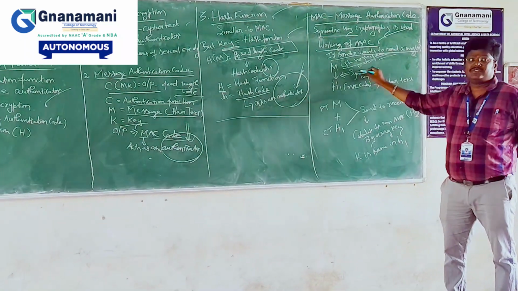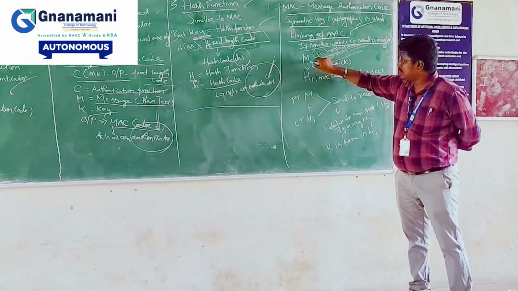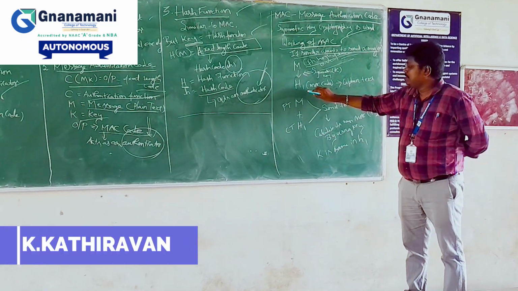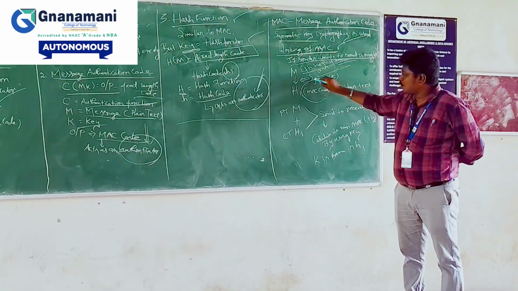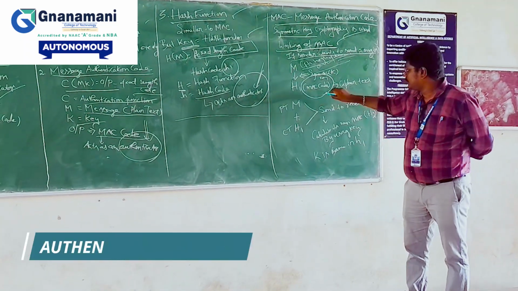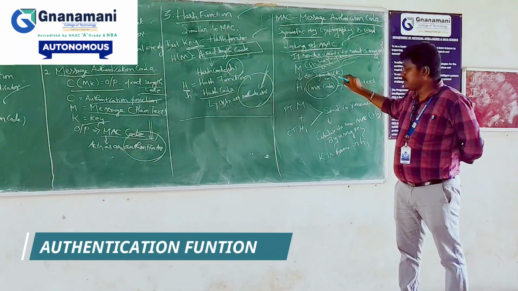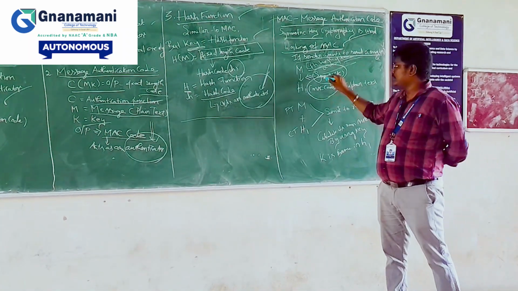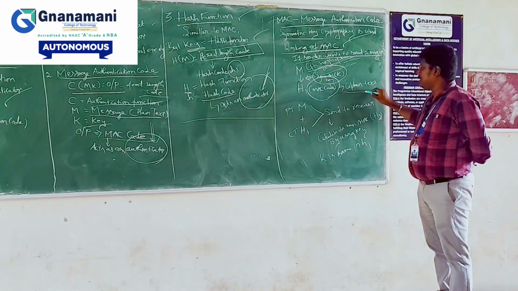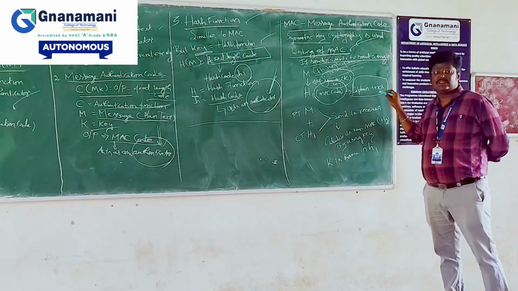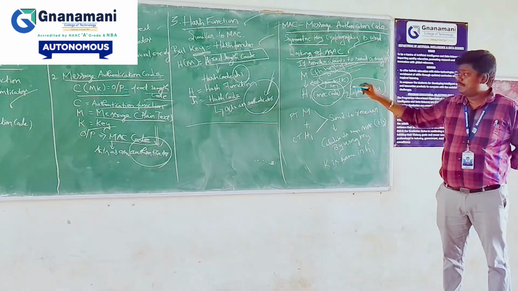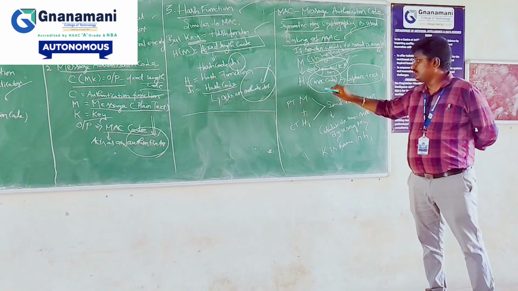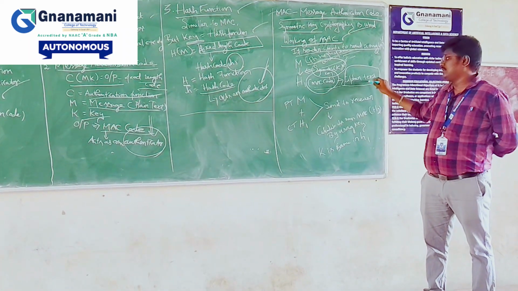Any plain text is considered here as M. That will be converted into a MAC code, called H1, by using the symmetric key. So this will be a ciphertext here. By using the symmetric key, it will provide a MAC code.